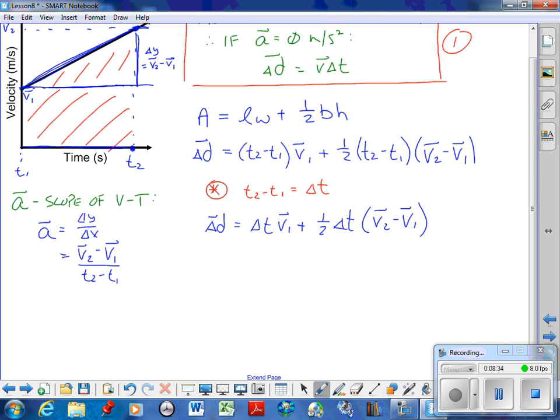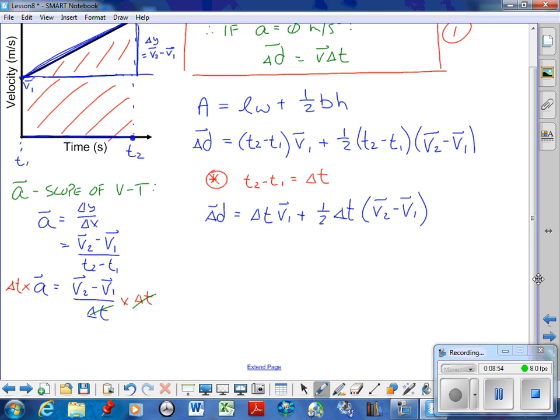So acceleration is equal to v2 minus v1 over t2 minus t1, and that is just delta t. If I want to get rid of the fraction, I'm going to multiply both sides by delta t. It's nice if we can avoid those fractions. The inverse operation gives me v2 minus v1 equals a delta t, or acceleration multiplied by time.